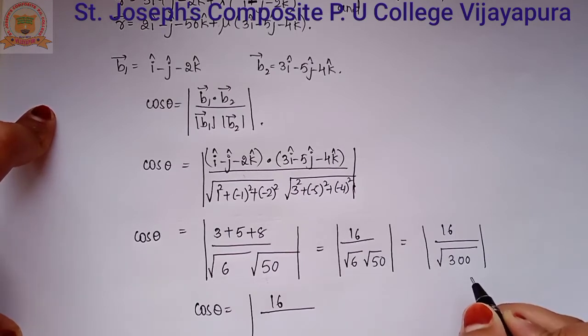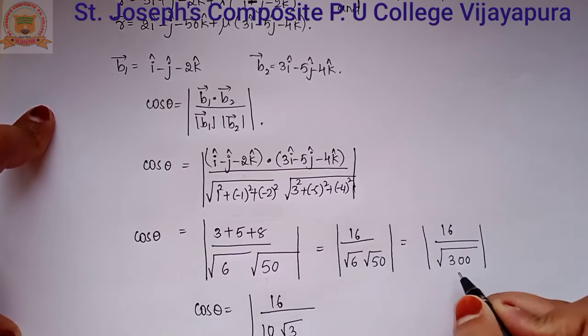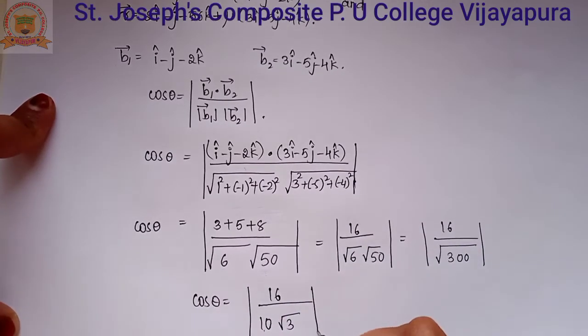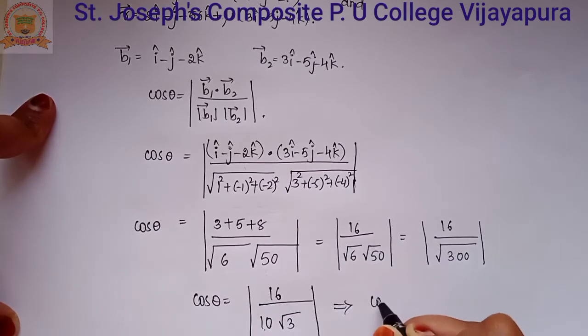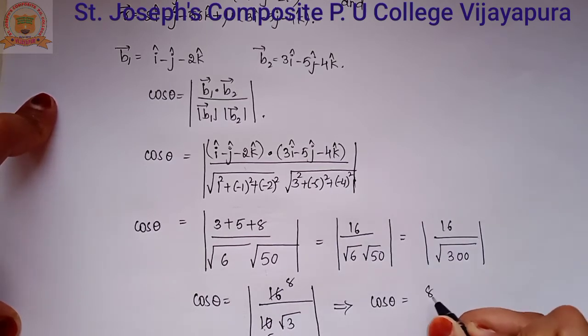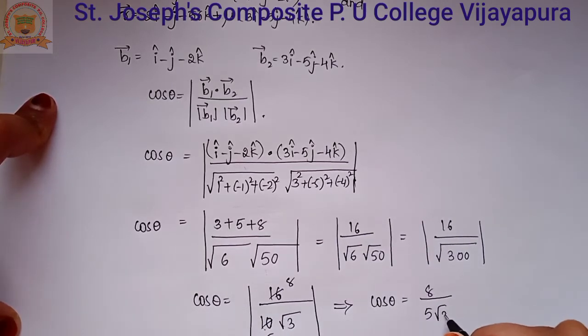This can be written as 10 root 3, because 100 into 3 is 300 and root of 100 is 10, so it is written outside. So 10 root 3. So this implies cos theta is equal to, 2 8s are 16, 2 5s are 10, so it becomes 8 by 5 root 3.